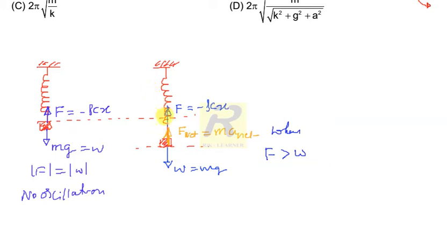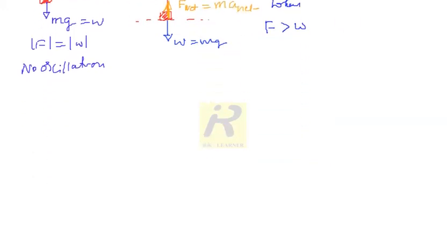The net force on the block is m a net, which is equal to the magnitude of the spring force, kx. I am simply taking the magnitude, and a net is equal to k divided by m into x.